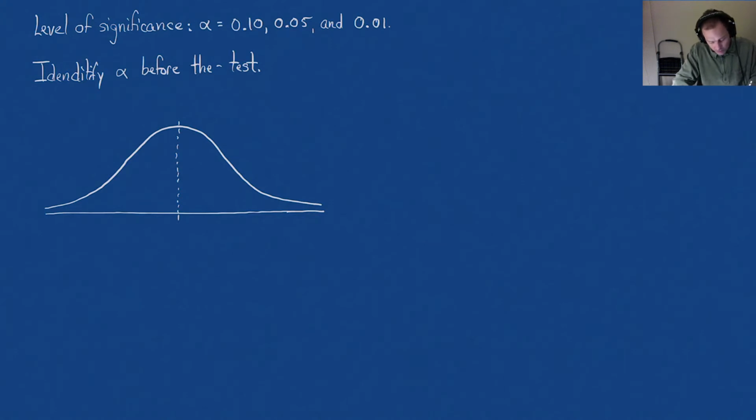So we are only concerned about short crocodiles. Well, short crocodiles are found out here in this tail. And for the sake of this problem, let's choose alpha as 0.10. So alpha equals 0.10. So that is this region.